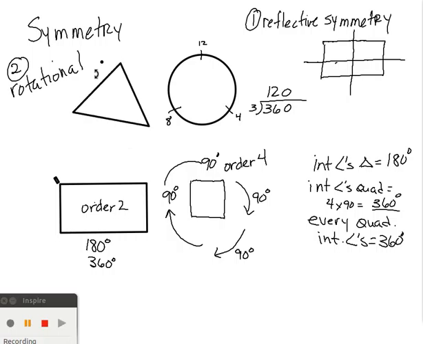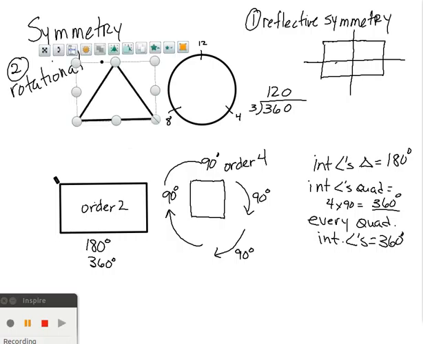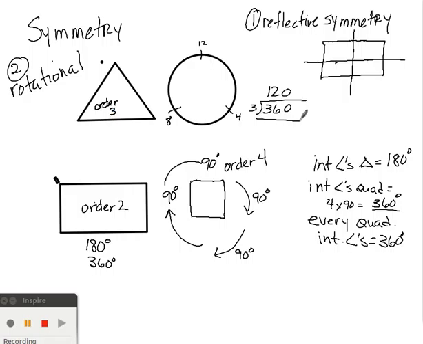So yes, an equilateral triangle has rotational symmetry of order 3. And if you have to know what degrees it's at, you take 360 degrees for a circle, divided by 3 because it has order 3, so it would be at 120 degrees, 240 degrees, and 360 degrees.